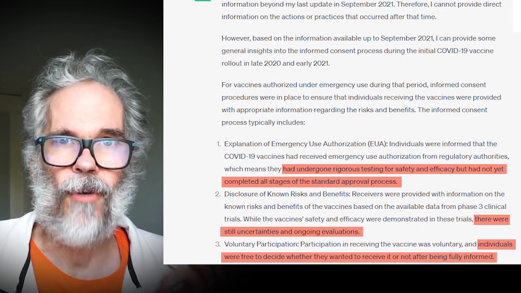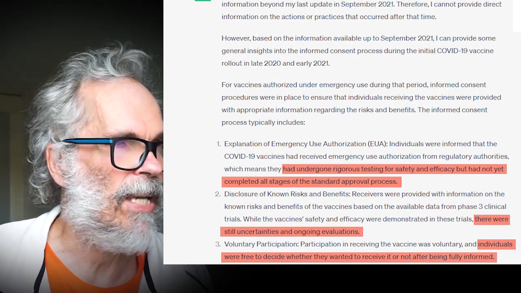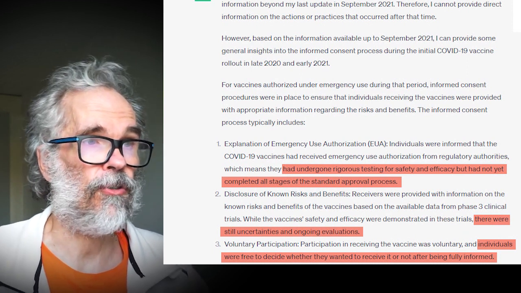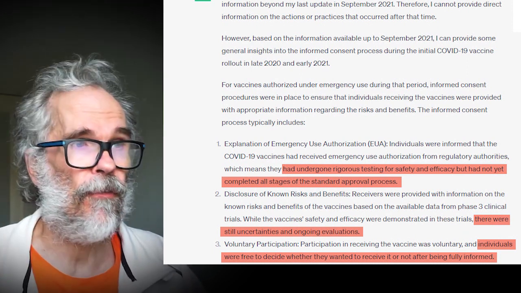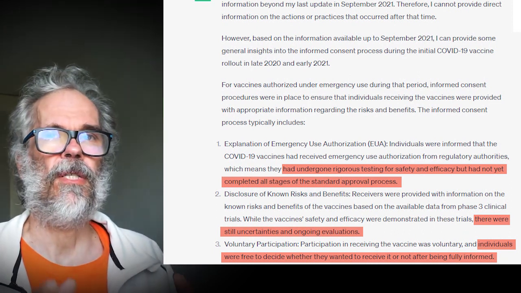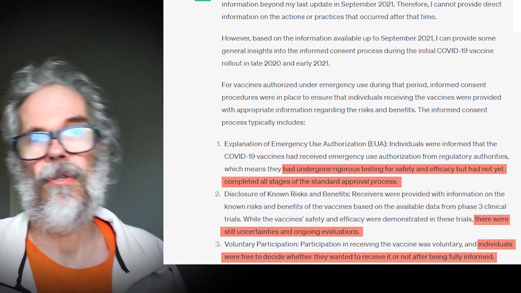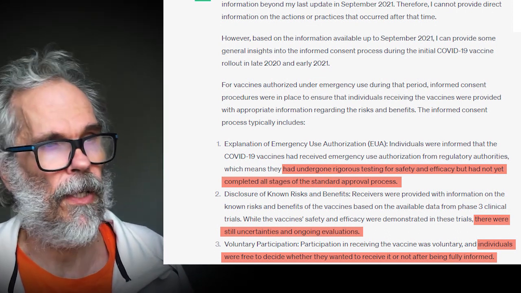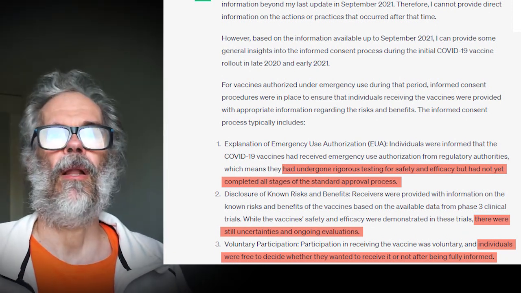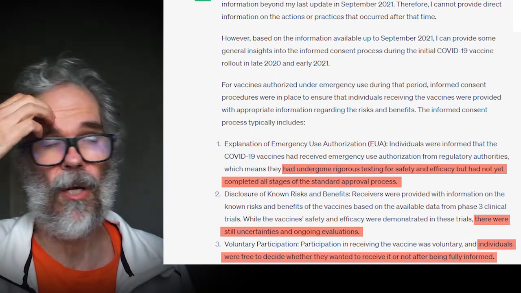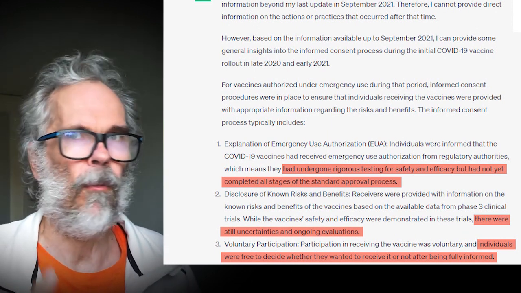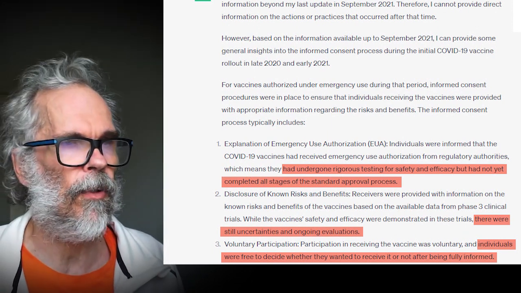The third point, voluntary participation. Individuals were free to decide whether they wanted to receive it or not after being fully informed. So think about the general situation in January, February, March 2021 and even later, where hundreds or thousands of people are queuing for the vaccines and eager to have them as soon as they are available.